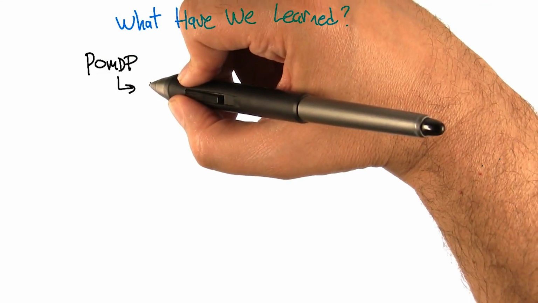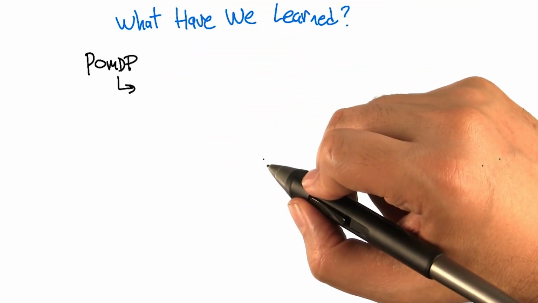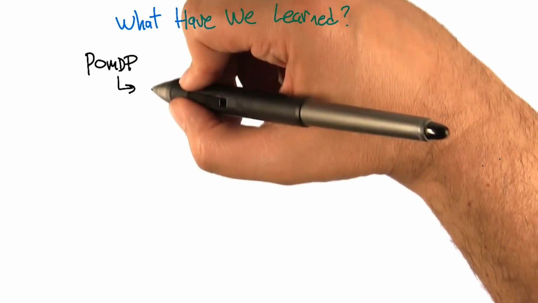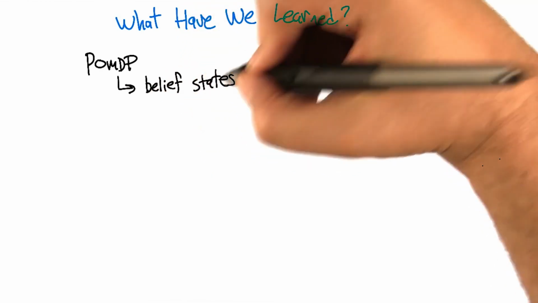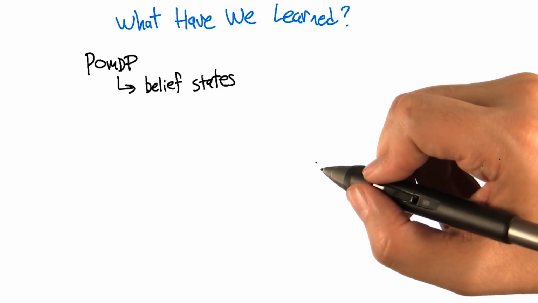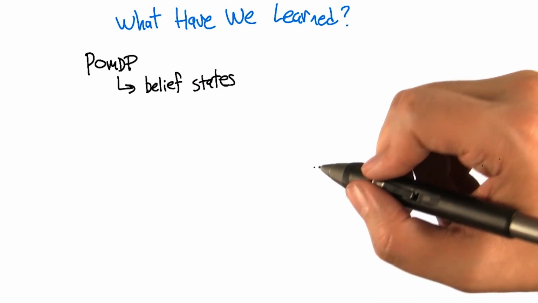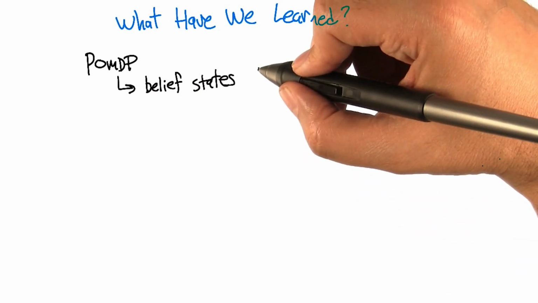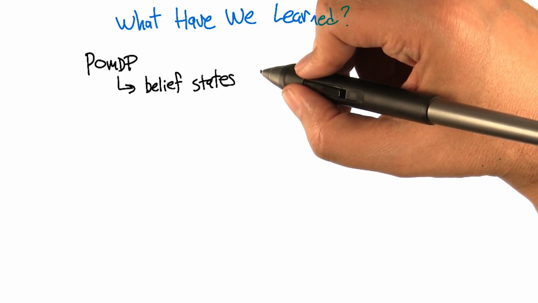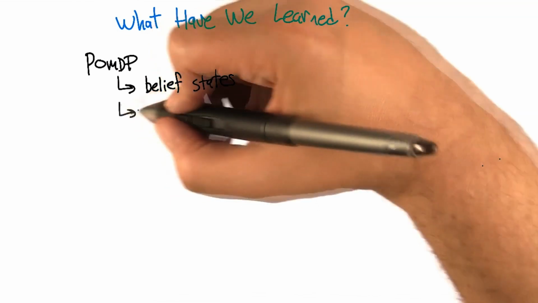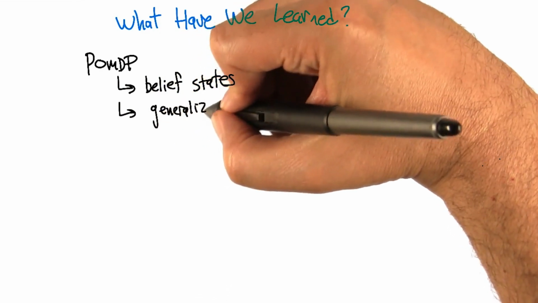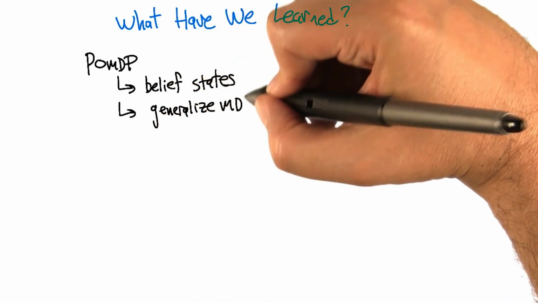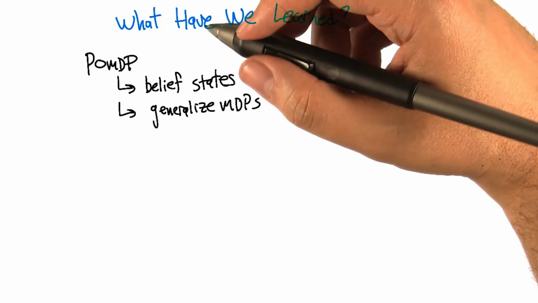We had been exposed to these things before, but we really dove into some detail about what they are and how to solve them. In particular, we talked about belief states as a representation of the states that we might be in and how much we believe that we're in them. We talked about POMDPs as a strict generalization of MDPs, which is important, and that if we can solve a POMDP that happens to be an MDP, we will solve the underlying MDP.